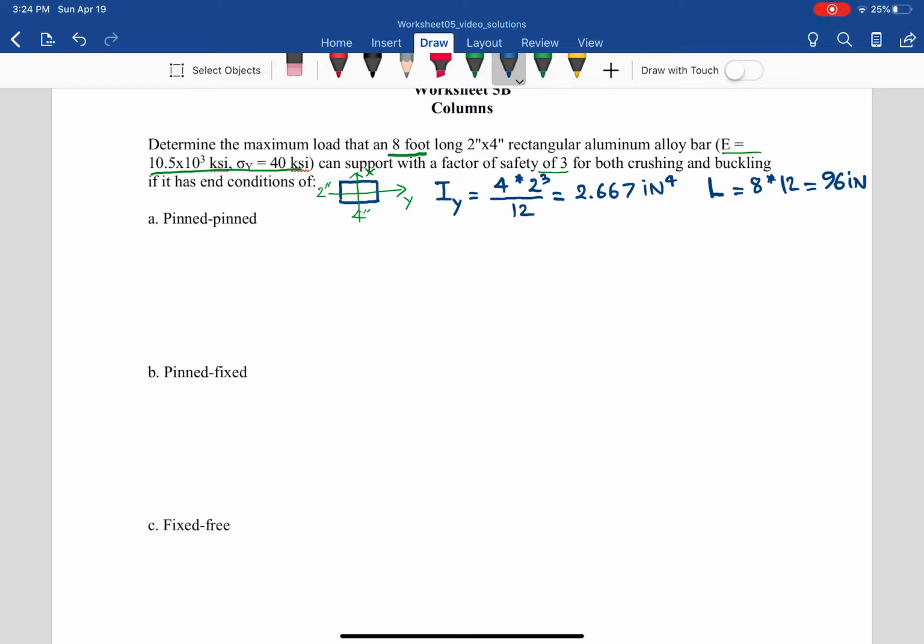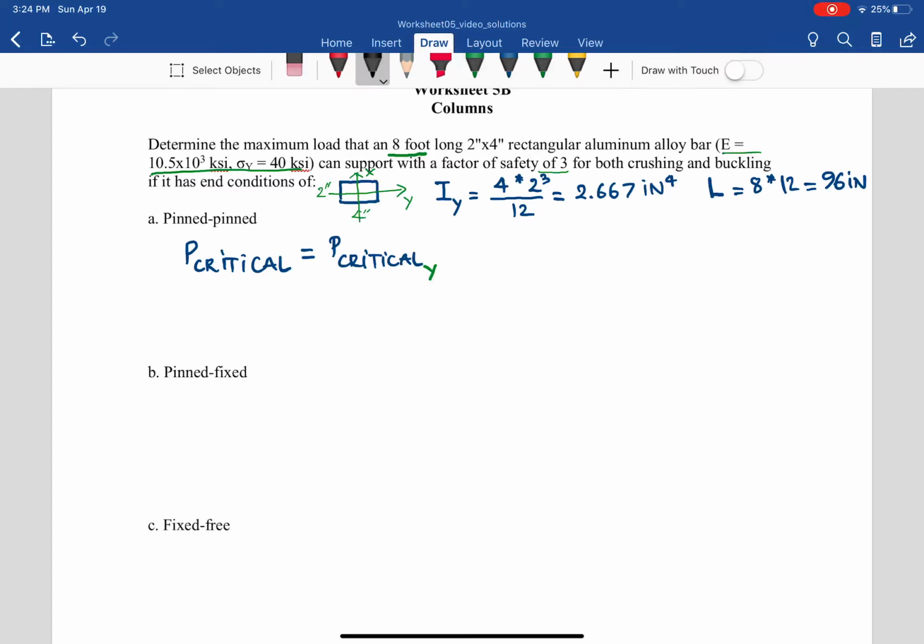So here P critical for the case of pins, P critical in y-axis.